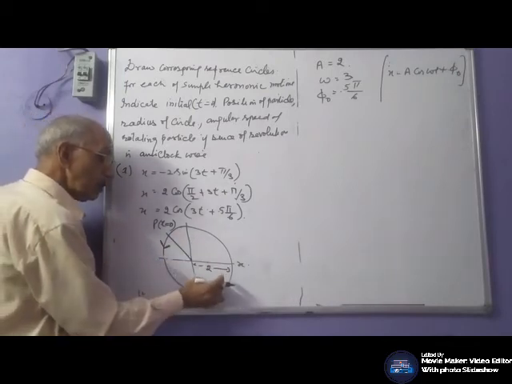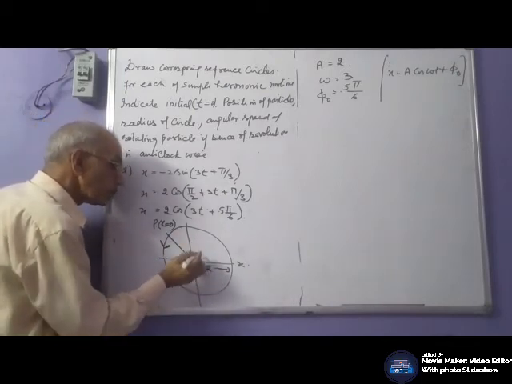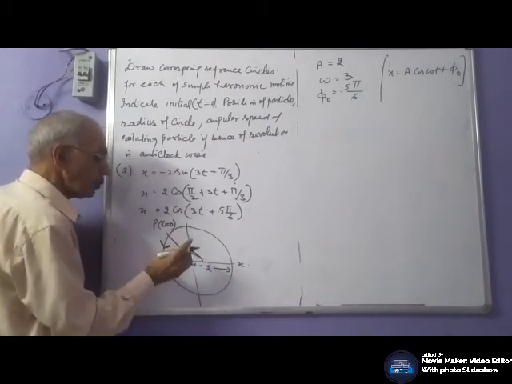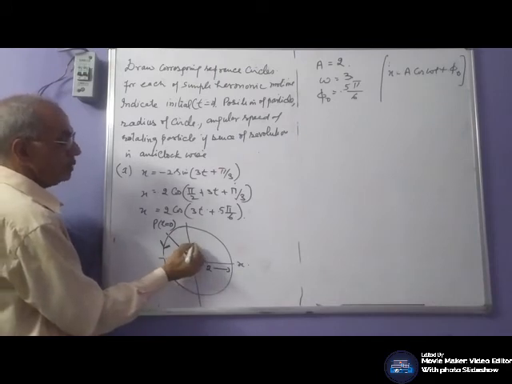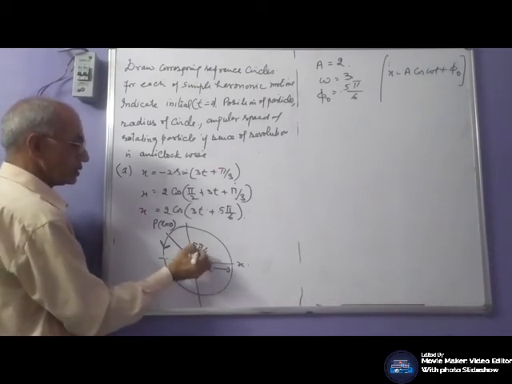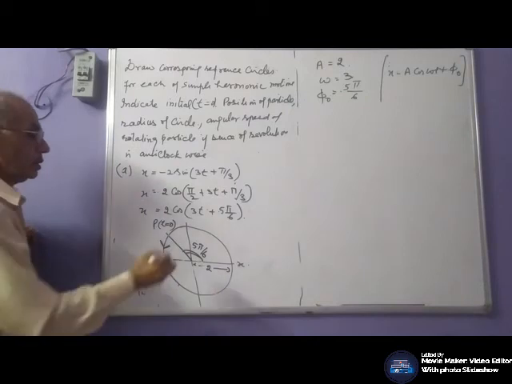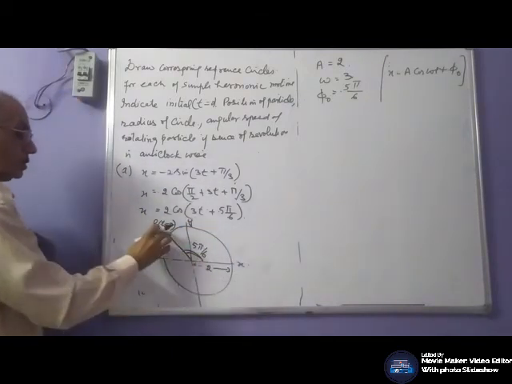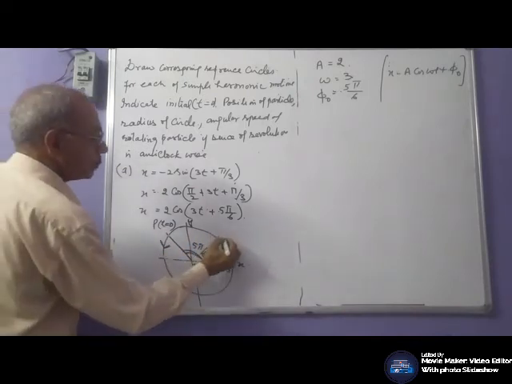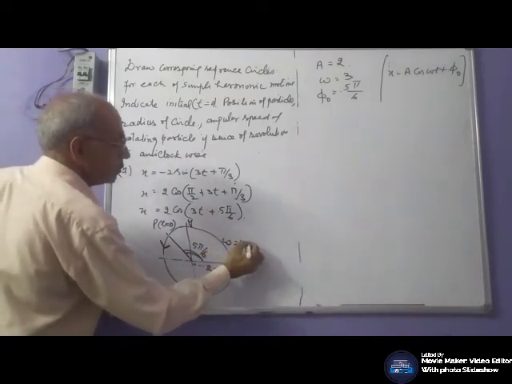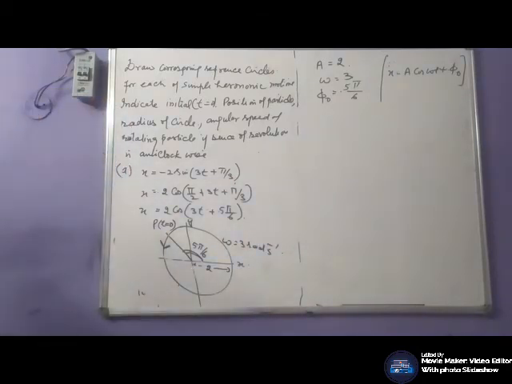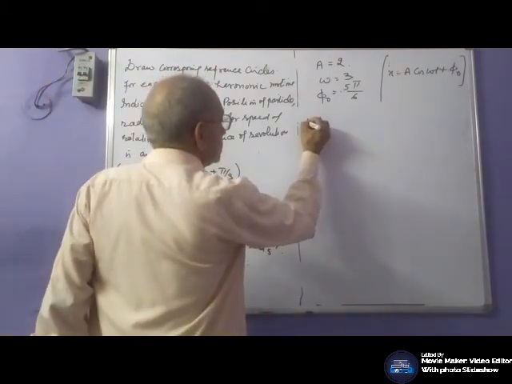If sense of revolution was this, then here was starting point. So this will be 5 pi by 6. So this is x-axis, this is y-axis, this is 2, this omega 3, always radian per second. So this is first solution of first question.